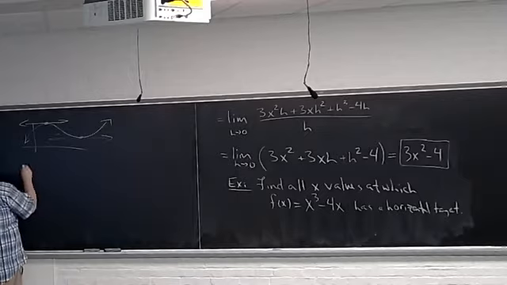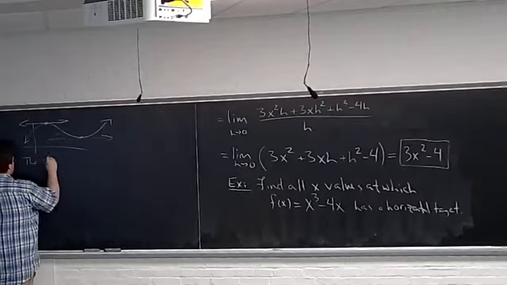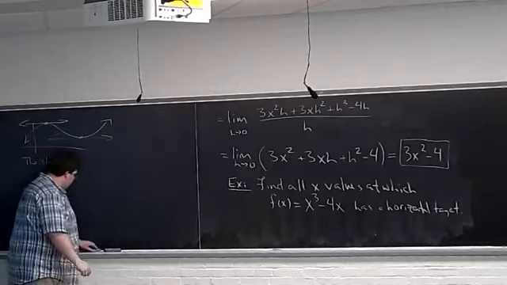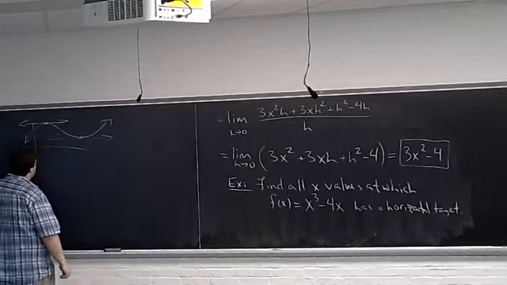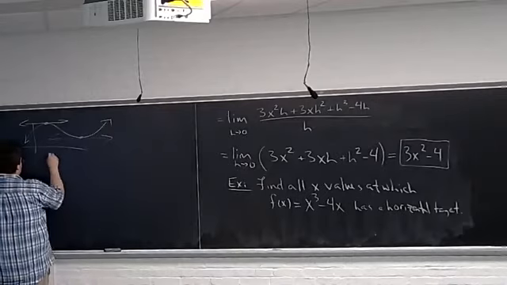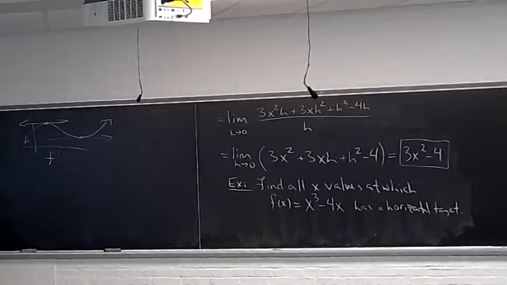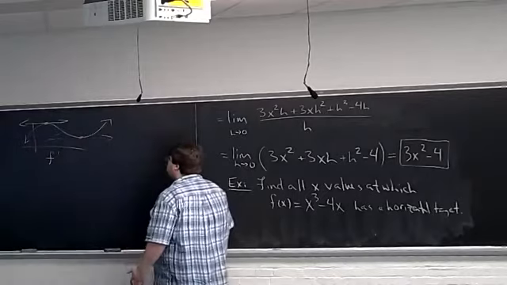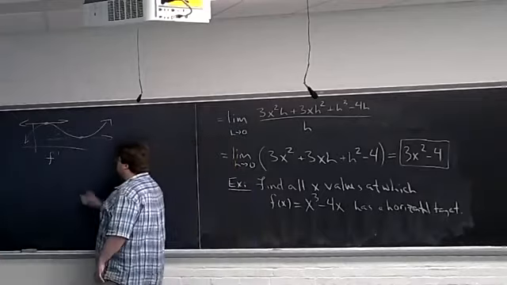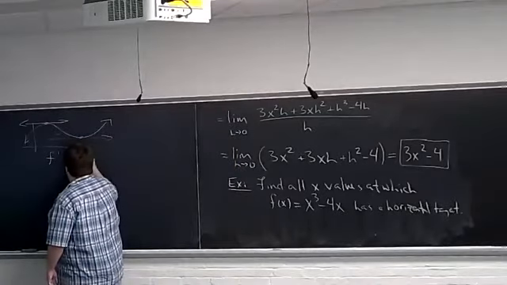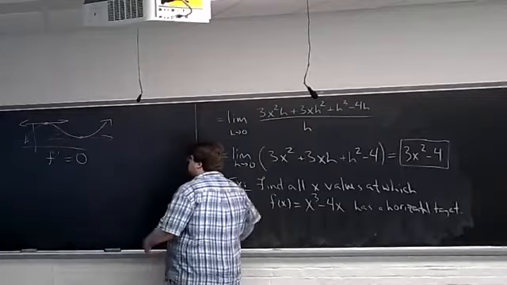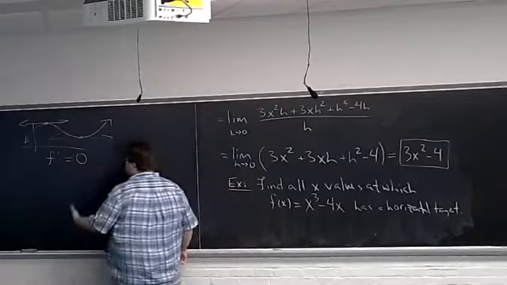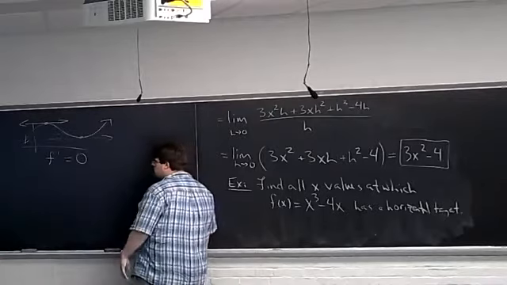So we'll notice here f prime, the slope of the horizontal tangent line, is 0. In particular, the slopes of these two lines is 0. Slope of a tangent line we can find using the derivative. So for both of these lines, the derivative is 0 because the slope of the tangent line is 0.